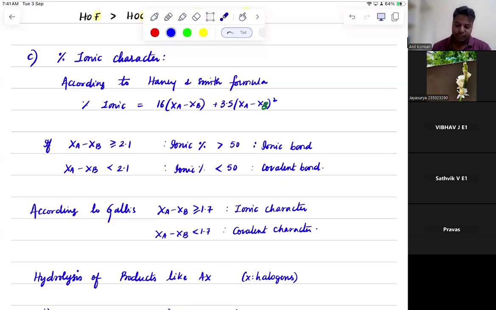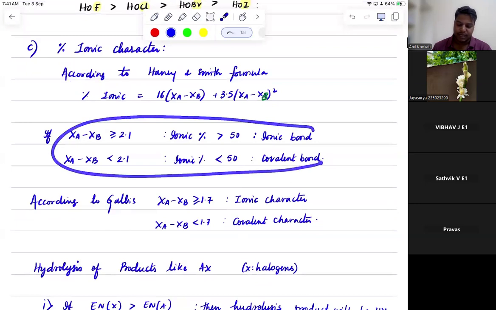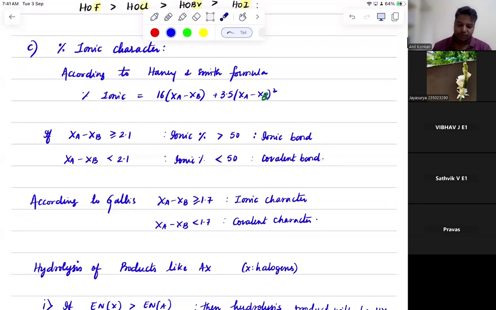According to Gallais, it only checks the electronegativity difference. But for the complete percentage ionic character in the bonds, you should check for 2.1. So characteristic will be more ionic, but a complete ionic bond means you need to check the 2.1 electronegativity difference value.